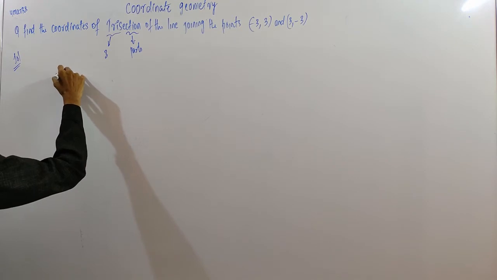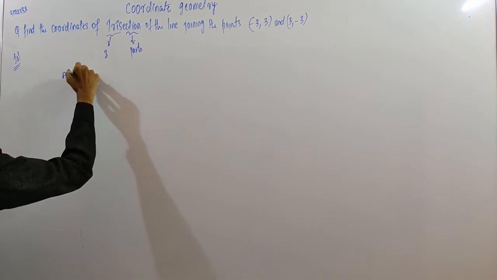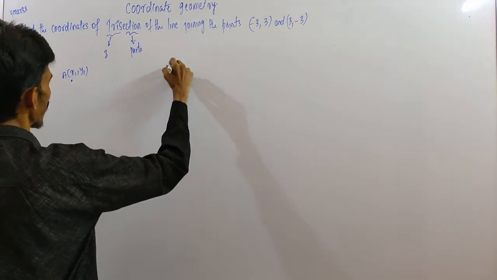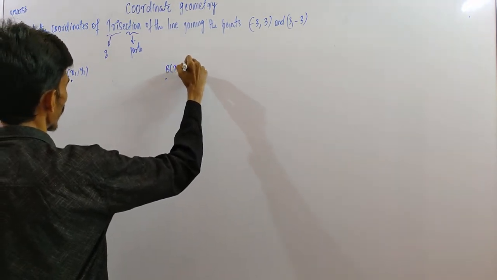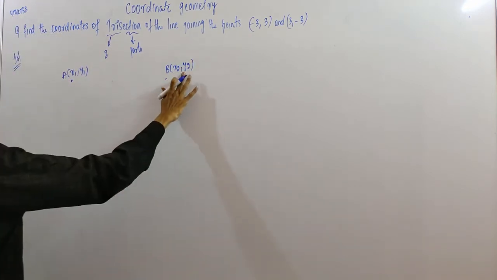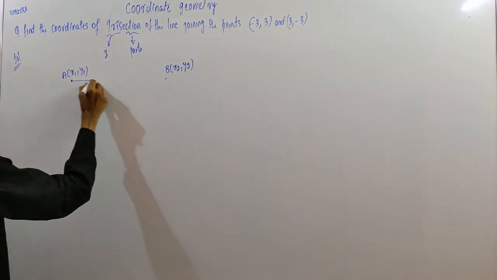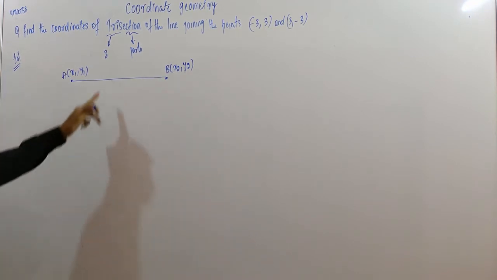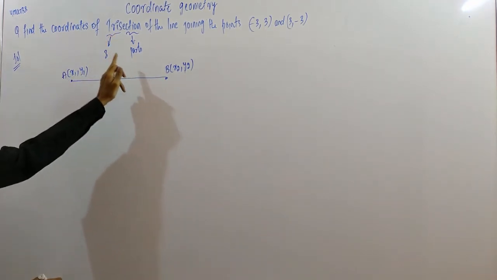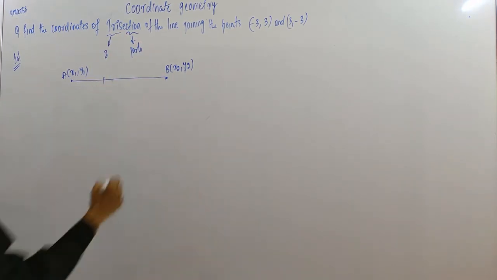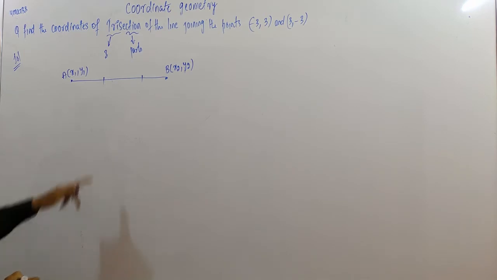Let us take point A as x1, y1 and second point B as x2, y2. Now the line joining these 2 points, here we have to make 3 parts, trisection. So put two more points, and we have 3 parts.